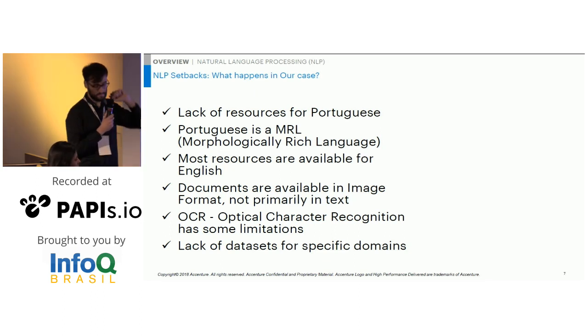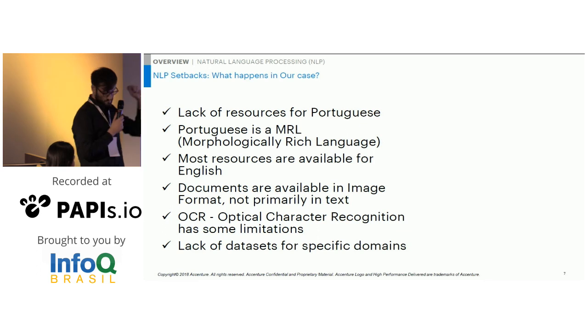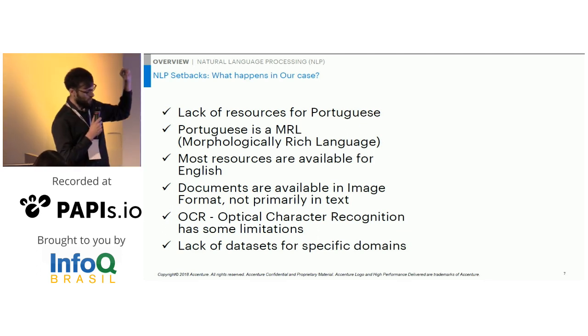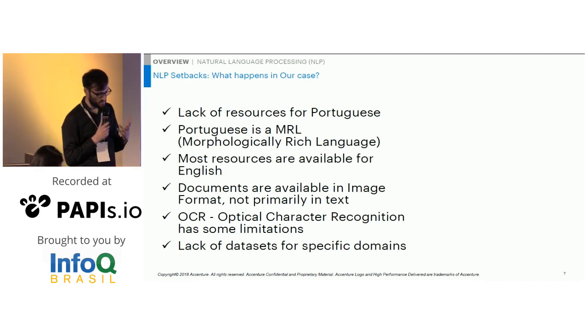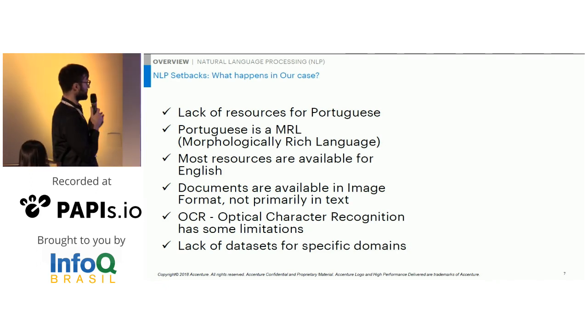Why is Portuguese a morphologically rich language? Basically because we have more verbal classes than other languages like English, for example. So we have some intrinsic problems, and maybe more compositionality than other languages.